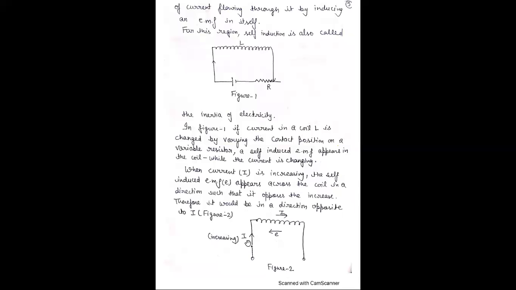Here, when current increases in the coil, the induced EMF appears across the coil in such a direction that it opposes the increase. Because the current is increasing, the EMF is opposite, so it decreases the current, meaning it opposes the increase.